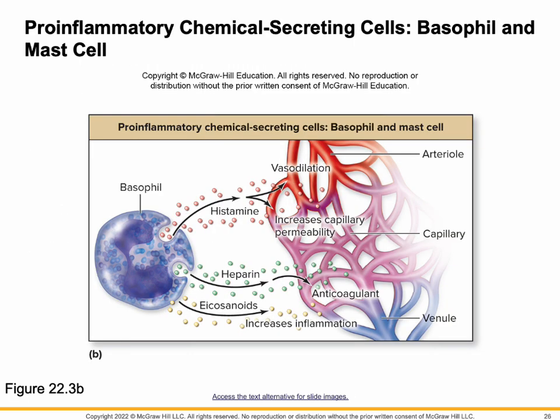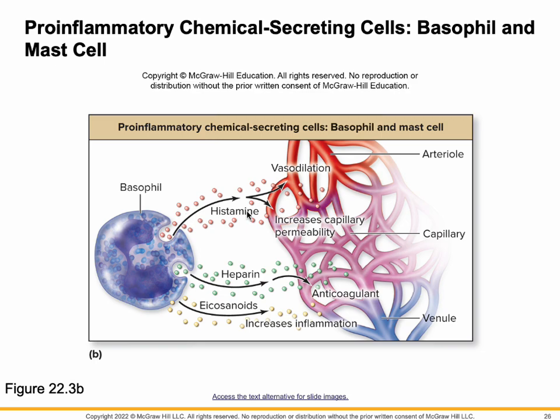So these histamine and heparin molecules, and you can see them here, these are acting on blood and blood vessels, right? So histamine is a very potent vasodilator, right? So essentially what's happening is the blood vessels themselves are going to increase in size, increase in permeability, vasodilate. And what this does is this allows more blood to flow into a particular area, thus bringing more immune system cells to the potential site, the infection site, right?